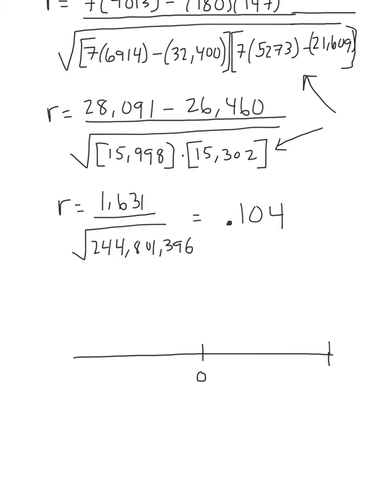If the R value is positive 1, then it is going to be a perfect relationship. Same thing if the R value was negative 1, it'd be a perfect relationship. At 0, there is no linear relationship. At 1, it's a perfect linear relationship.